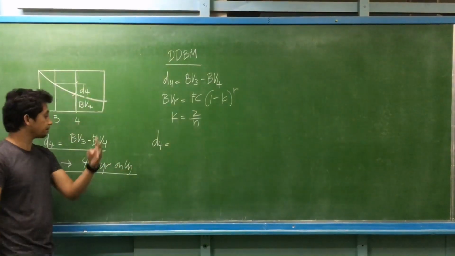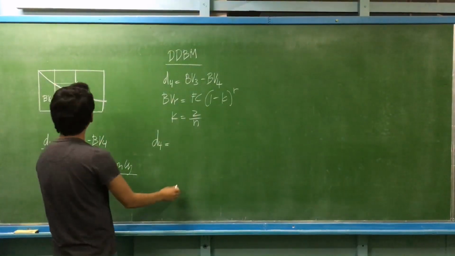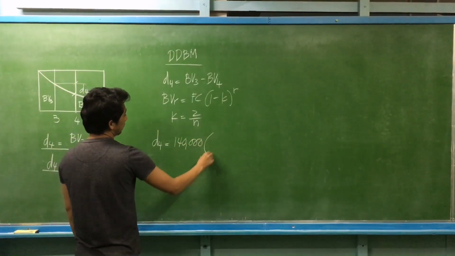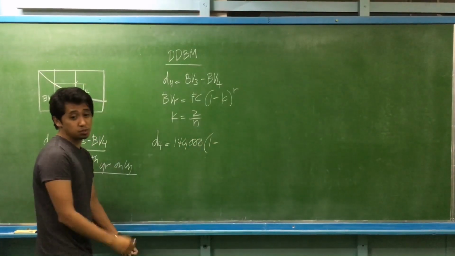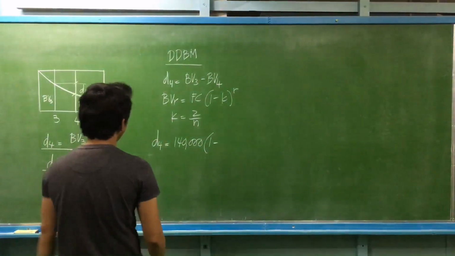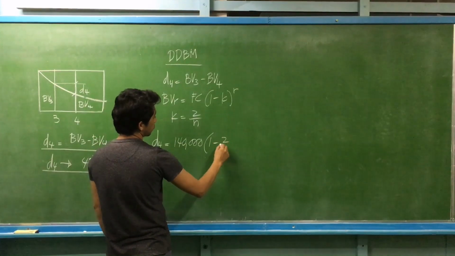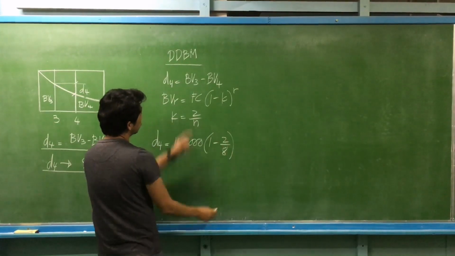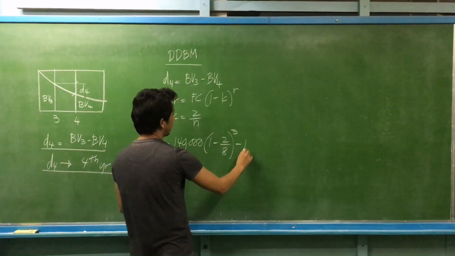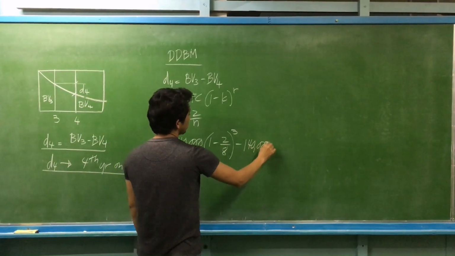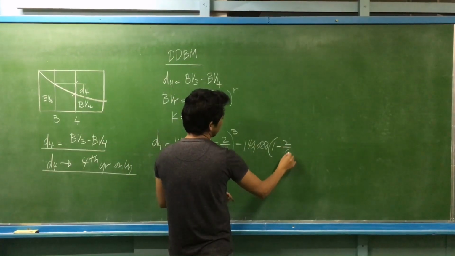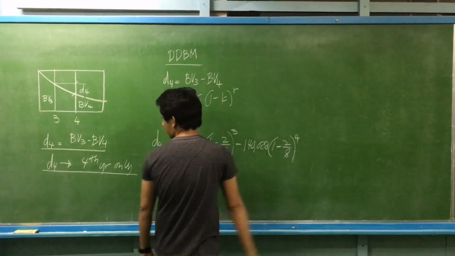Book value number 3. Ano yung ating first cost? 140,000 multiplied by 1 minus, ano yung kanyang useful life? The useful life of 8 years, so this is 1 minus 2 over 8, raised to 3, minus 140,000 multiplied by 1 minus 2 over 8, this is raised to 4.